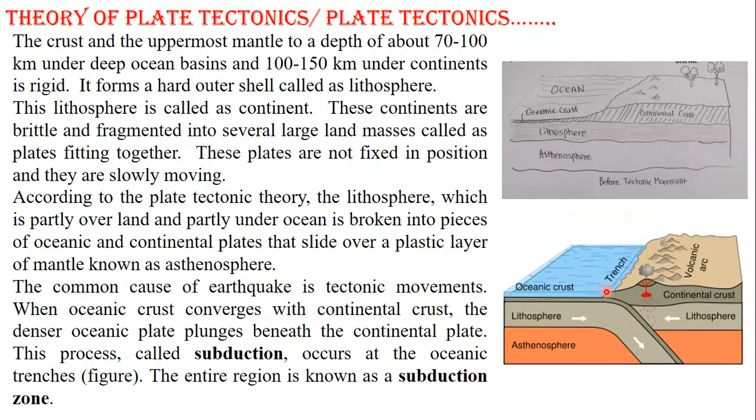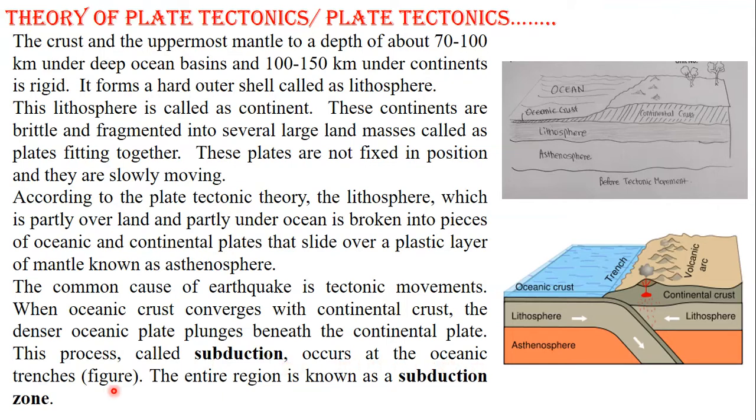So it forms two different plates, oceanic plate and continental plate, locked at this interface. And if there is a break between these two plates, then the oceanic plate plunges down below the continental plate. So here the plate is moving under or beneath the continental crust. Okay, and this movement is called subduction.